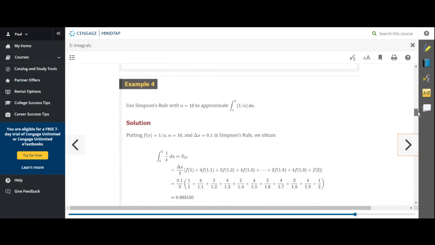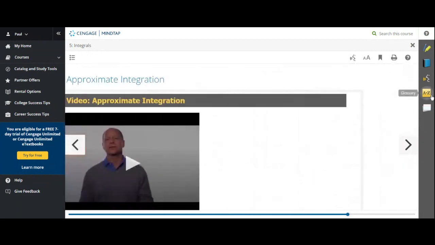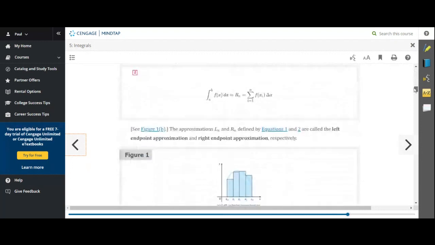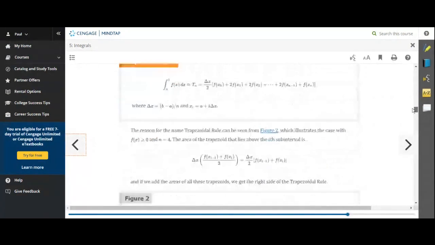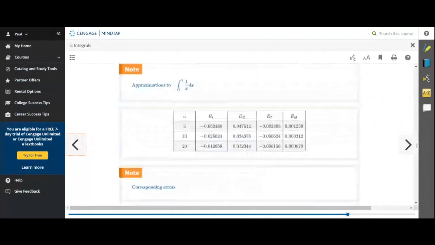Okay, and we're gonna apply them, but we should also understand that when we approximate the area under a curve, it's helpful if we had an idea of what the error is. What's the error of our approximation? And to this end, in section 5.9, for the midpoint, trapezoidal and Simpson's rule, you have what are called error-bound formulas.